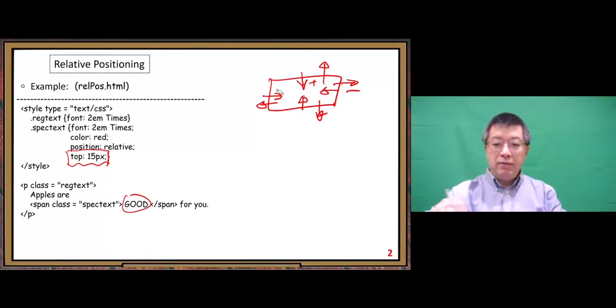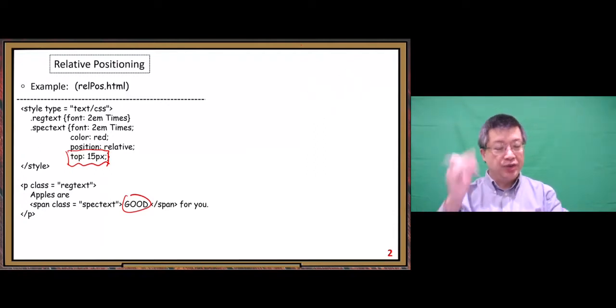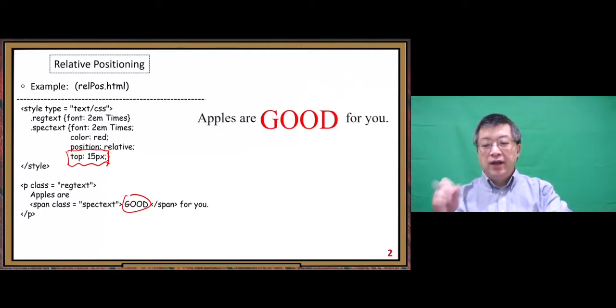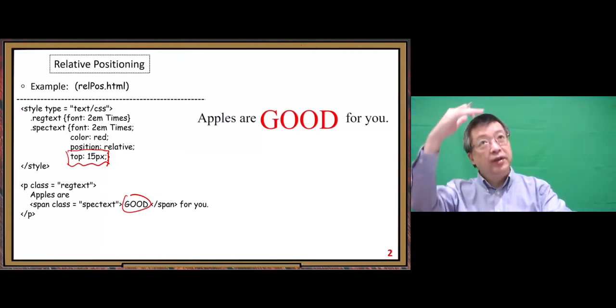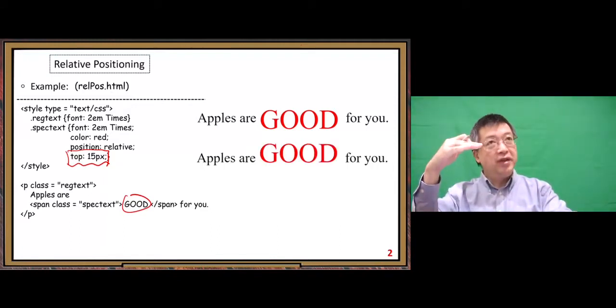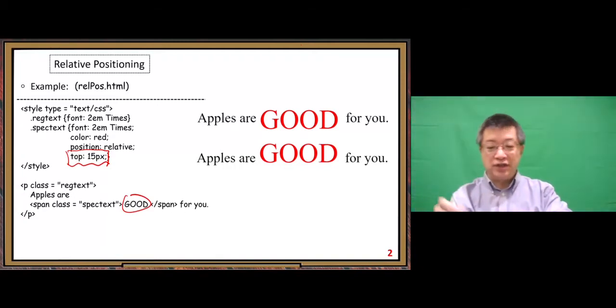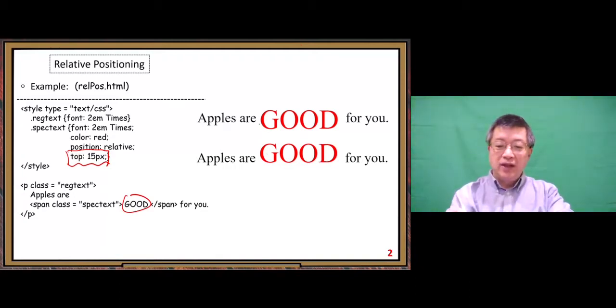Let me show you the picture, the screenshots too, so you can compare. The first one, we did a relative adjustment, moving down. This one is without moving, at its natural location. Here you can see the baseline.